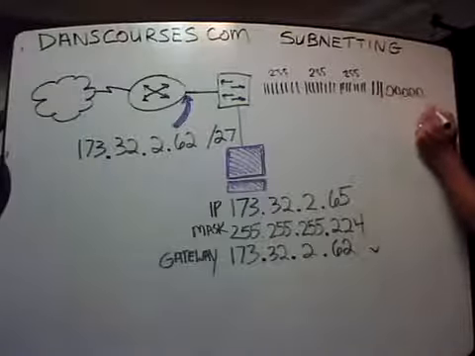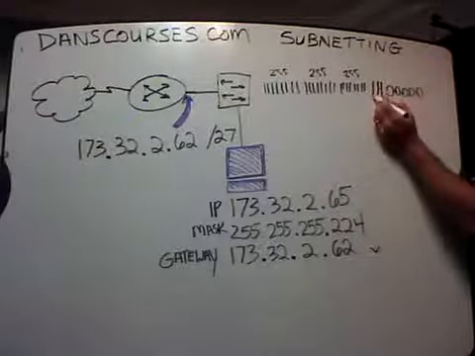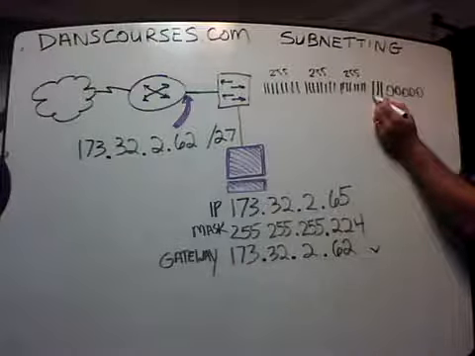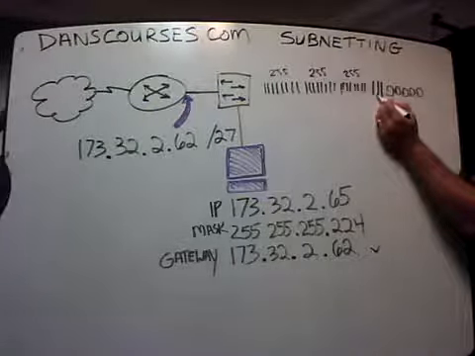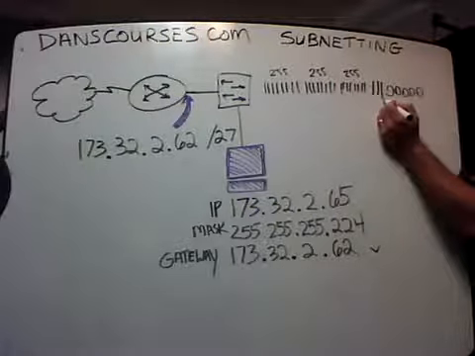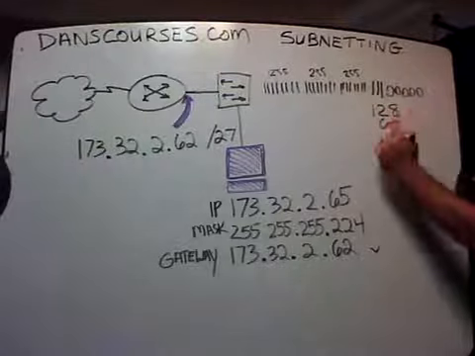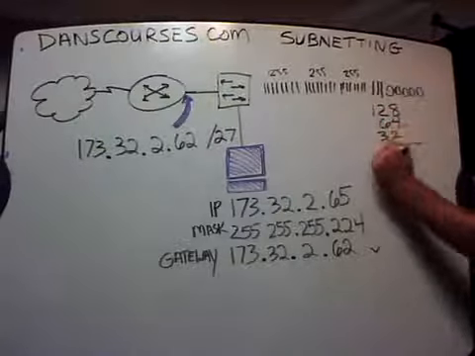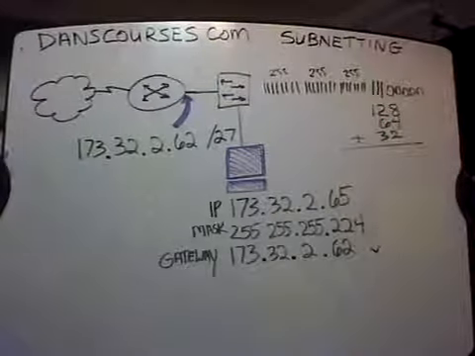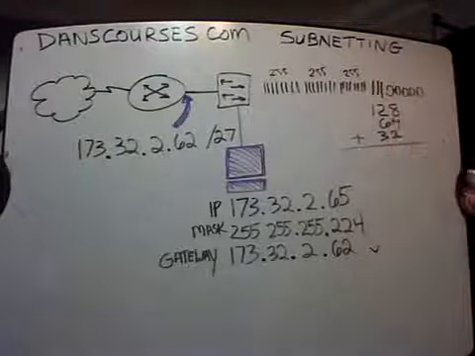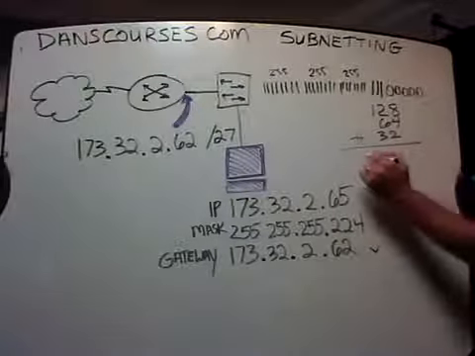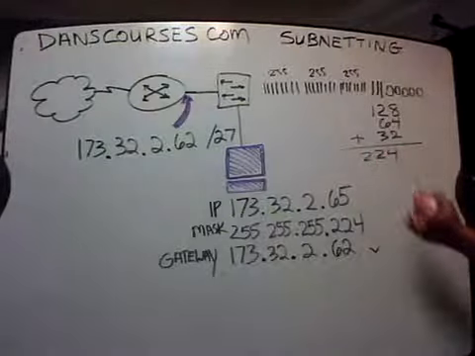Now you have to know your place values. The first bit is the 128's place, then the 64's place, then the 32's place. 128 plus 64 is 192, plus 32 is 224.